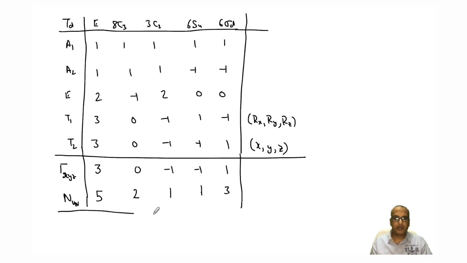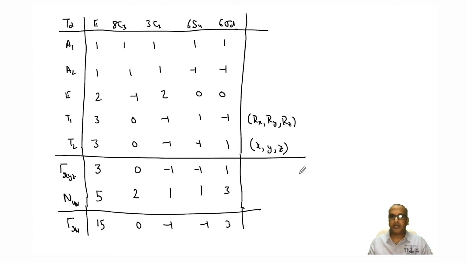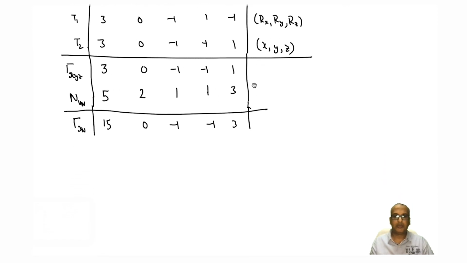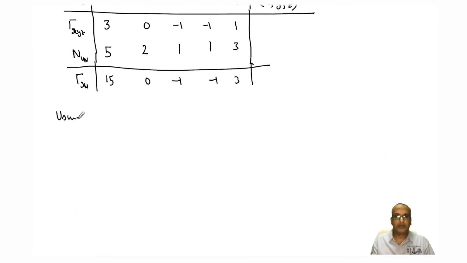Now you can calculate tau 3n, which will be 15. So it's a 15-dimensional matrix. So E will have 15, 0, minus 1, minus 1, 3. Now you have got tau 3n. So using the reduction formula, you can easily reduce tau 3n.